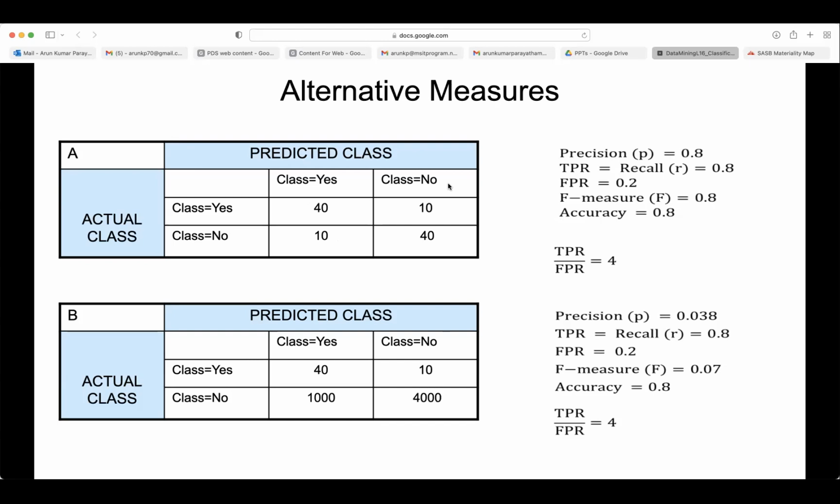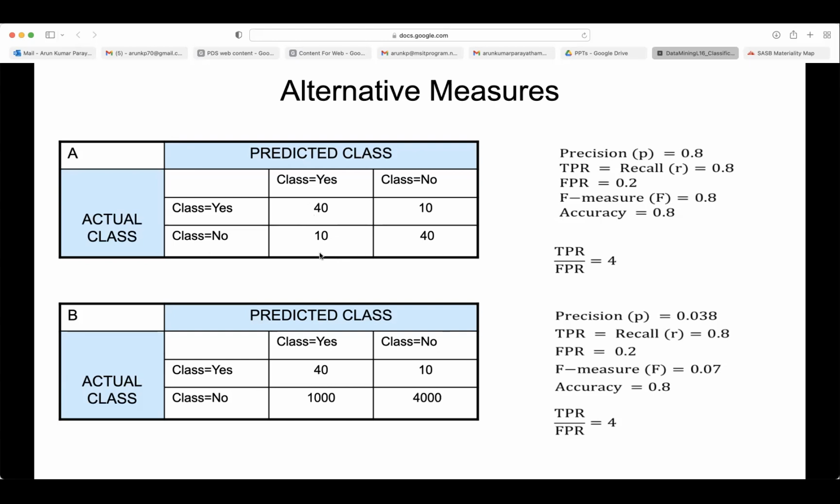So false positive rate means they are not to be predicted positive, but you predicted positive. That is 10. What is the total number of predicted positive? 50. So 50 you predicted positive, 10 are going wrong, which means there are 10 false positives.